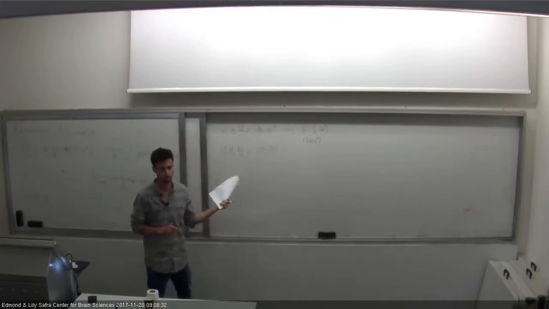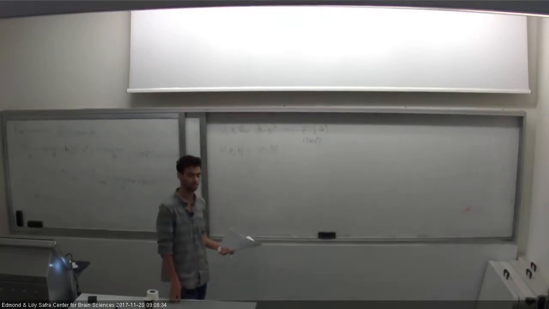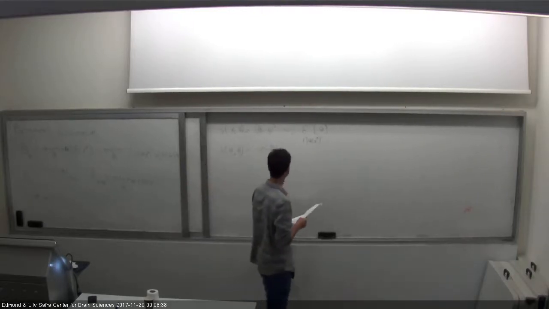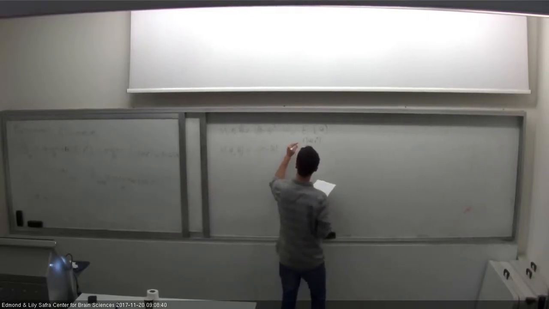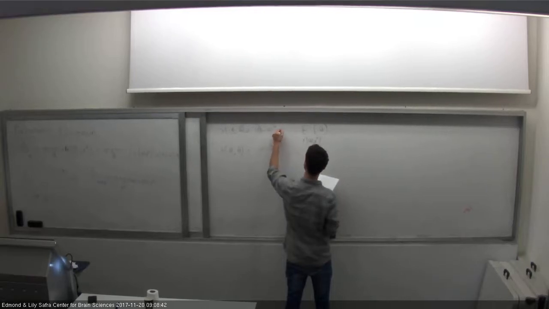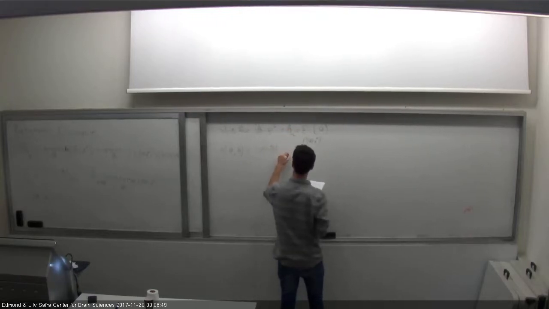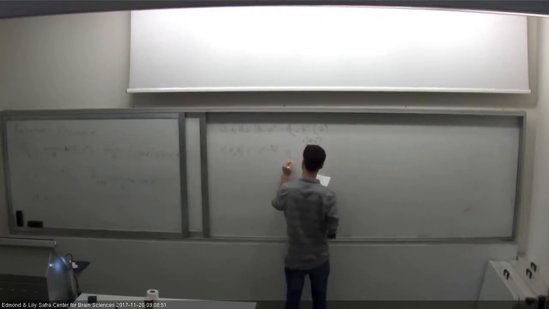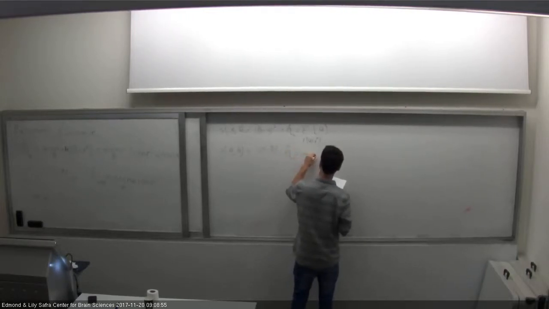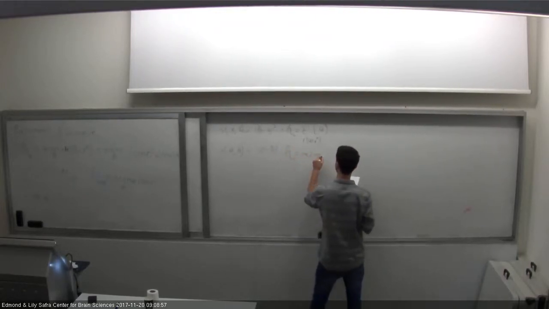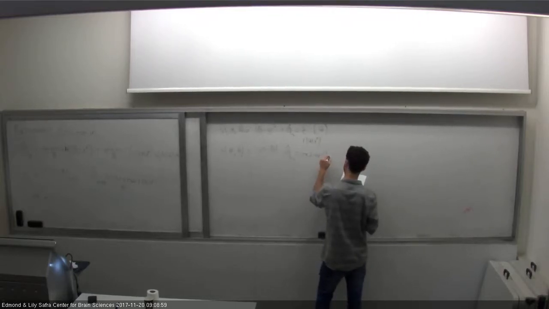And in this case, what will be our optimal estimator? Right. So this is the L2 estimator, and this is the L1 estimator, and this is the median of our function.